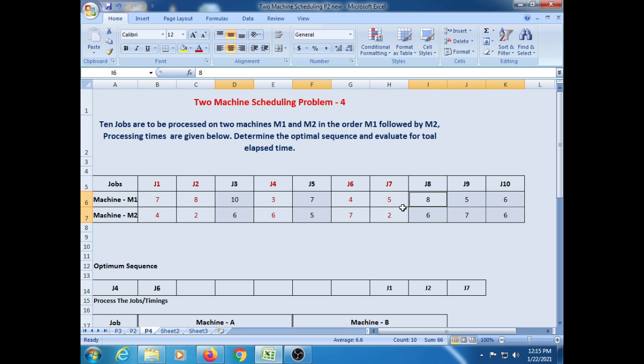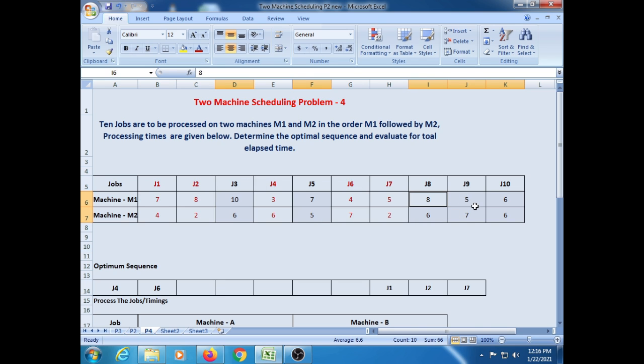If you see the colored 5 here, this 5 we no need to consider, because this 5 relates to the job 7, and already we have placed the job 7 in the optimum sequence, so we no need to place the job 7 again. So the job 5 processing time we have to take, and the next lowest processing time 5 relates to job 9, so this 5 we have to take.